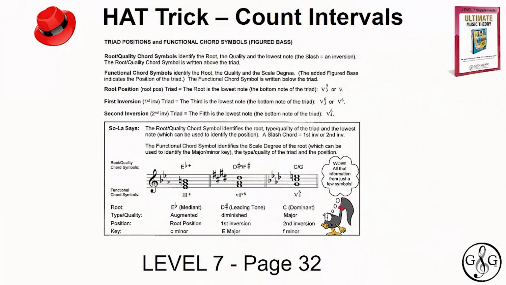Let's use the hat trick, count intervals, to help us understand the functional chord symbols. So, for example, the functional chord symbol of the dominant chord is indicated by the Roman numeral V, which is 5.